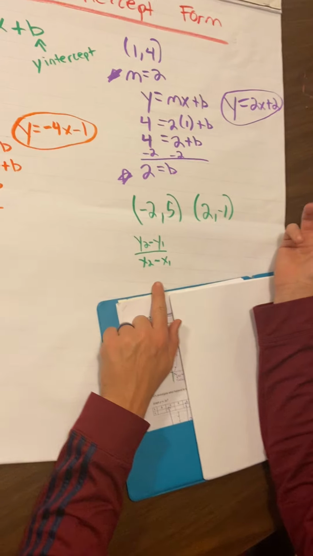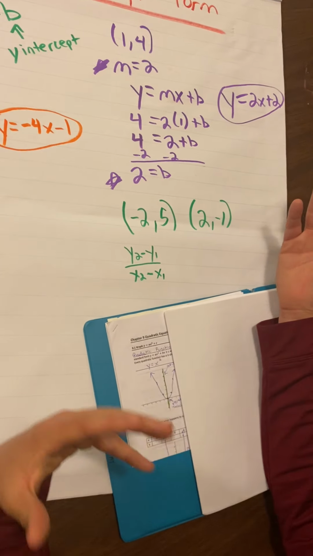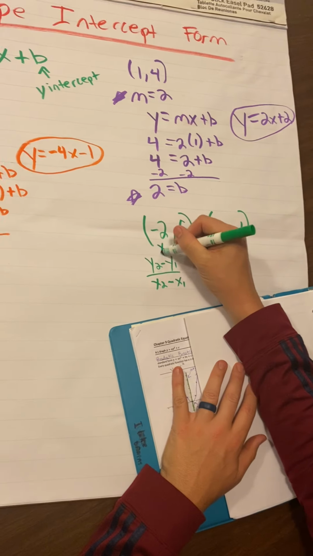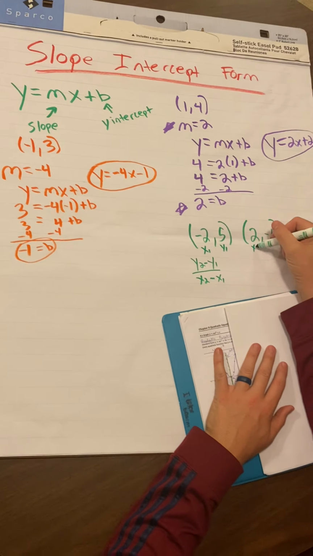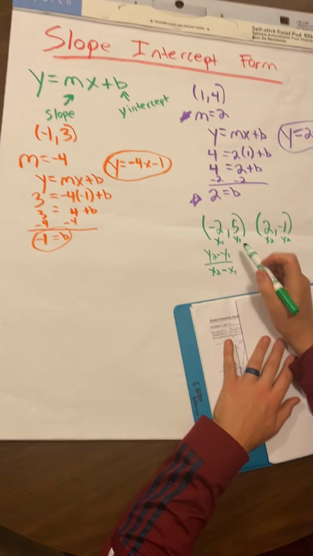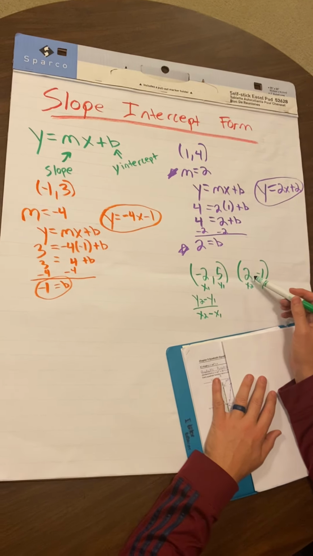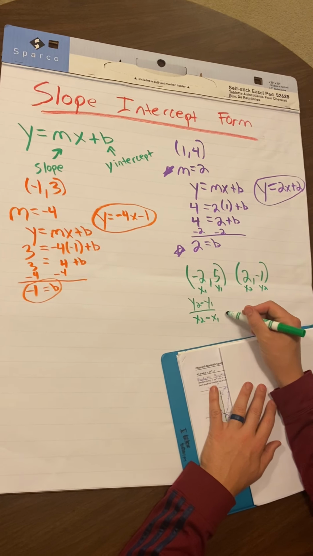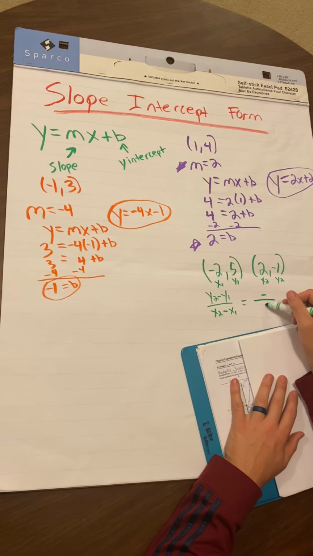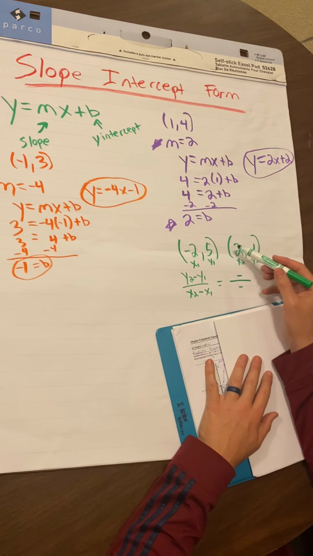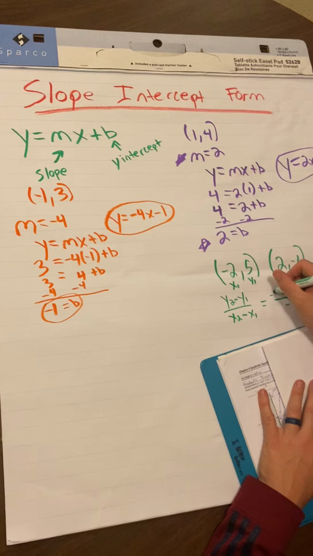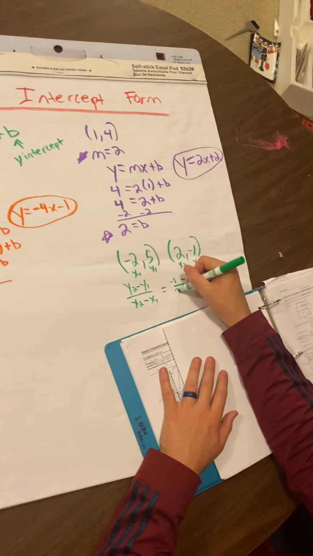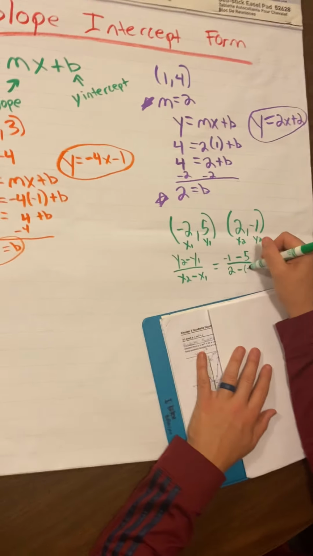That's also called the rise over the run. x1, y1, x2, y2 all just means this is the first x, that's the second x, the first y, the second y. So let's go ahead and find what the slope is. It's y2, which is -1, minus y1, which is 5, over x2, which is 2, minus x1, which is -2.